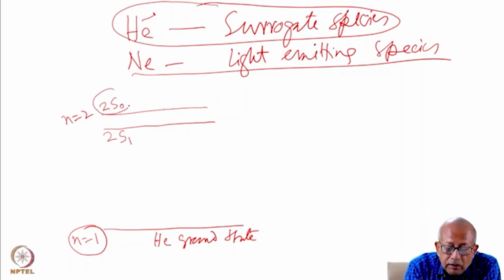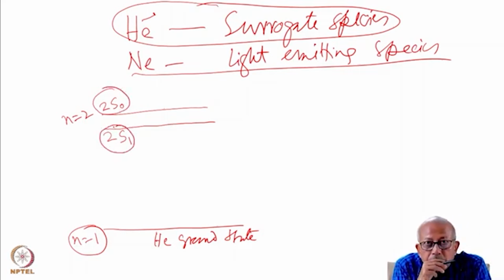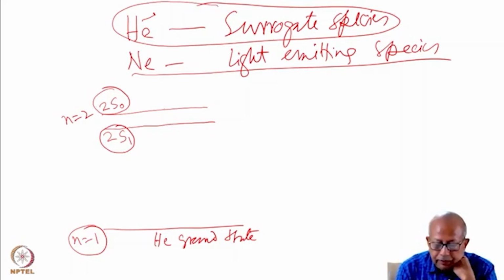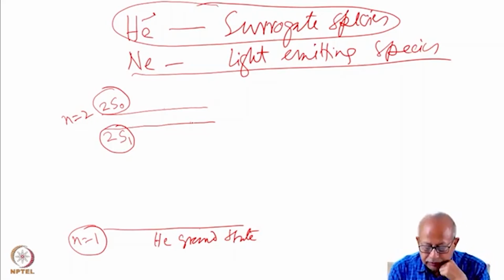These are the spectroscopic notations to denote this energy level. Let us not go into detail. Most importantly, the space between this ground state and the first excited state is devoid of the presence of any other energy level, because this is the first excited level.